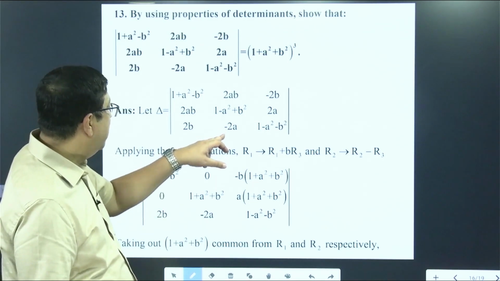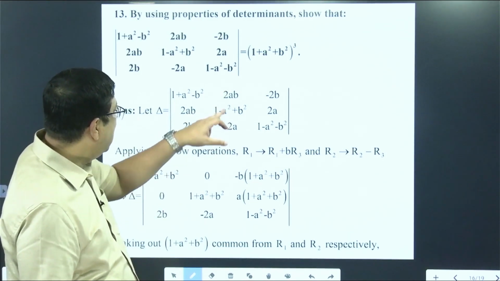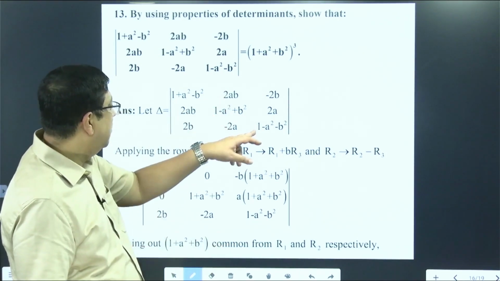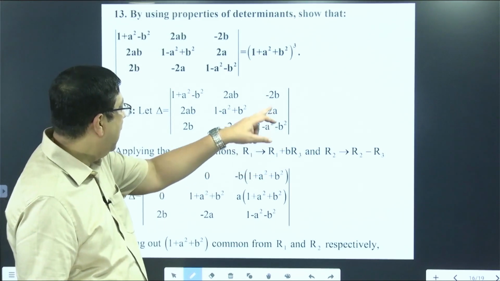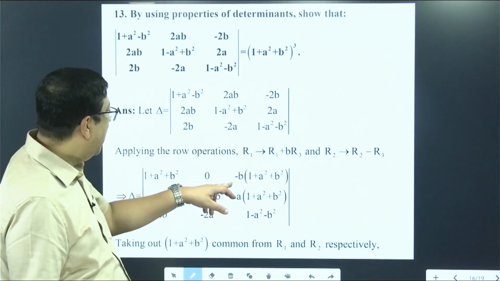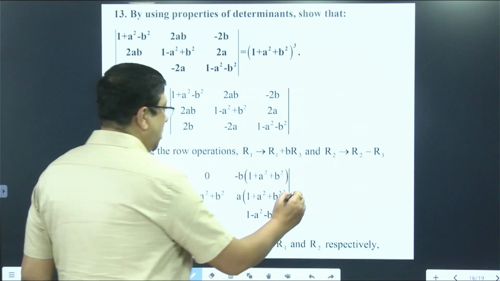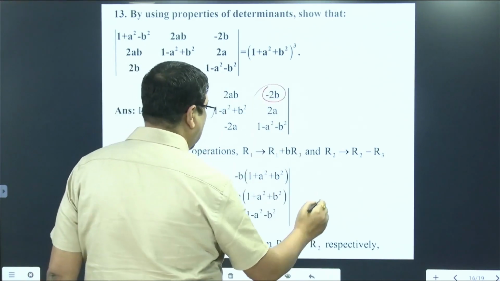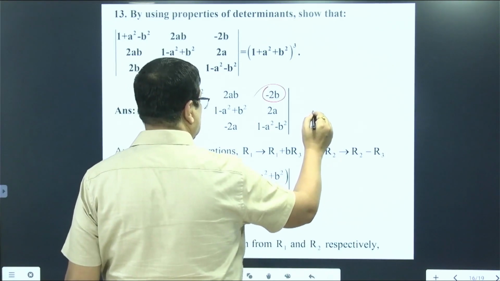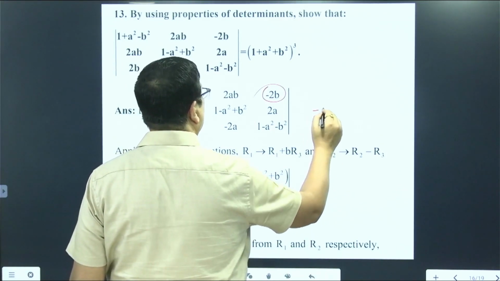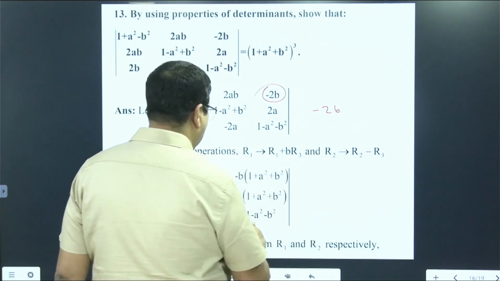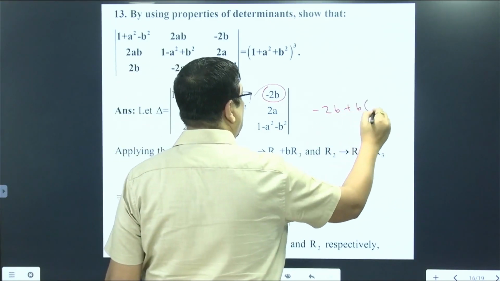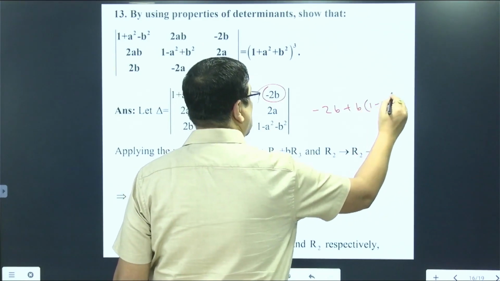If we multiply this by b, then minus 2ab plus 2ab is 0. For this element, I am showing you: minus 2b, and I am multiplying this by b and adding, plus b into 1 minus a square minus b square.